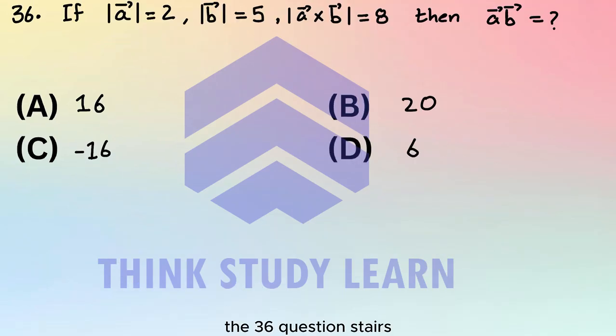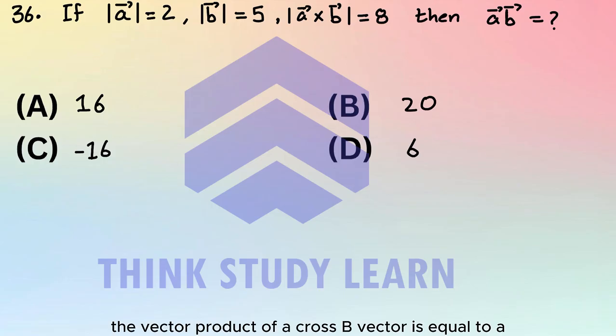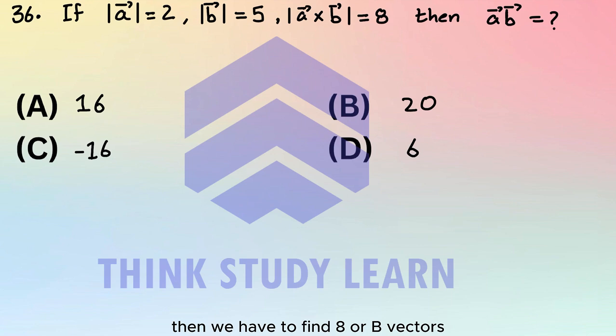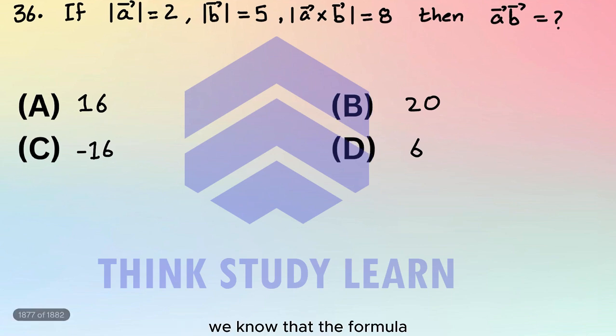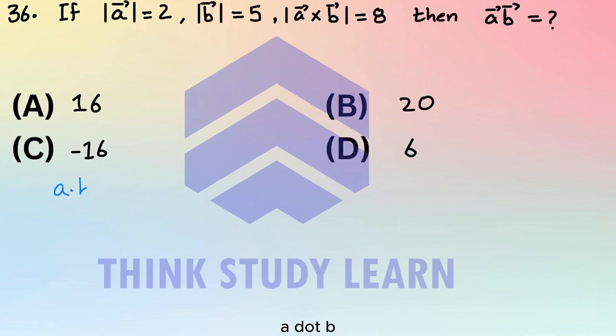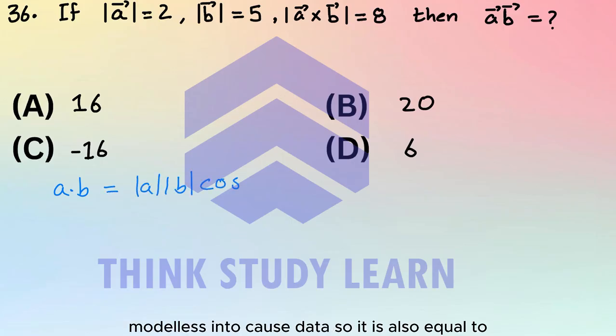The 36th question states: if modulus of A vector is equal to 2 and the modulus of B vector is equal to 5 and also the vector product, modulus of A cross B vector, is equal to 8, then we have to find A dot B. So we know the formula A dot B is equal to A modulus into B modulus into cos theta.